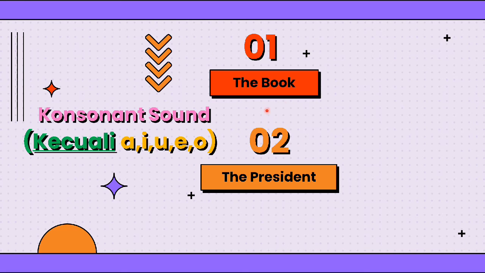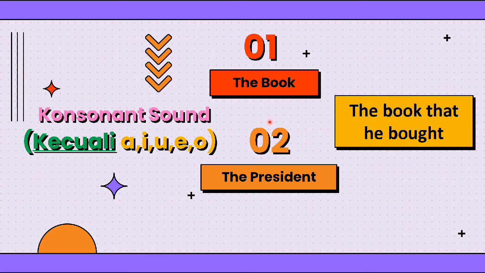For example, the book. The book alone has no specific, clear information. If we use the, we have to clarify which book, so we continue or complete it as the book that he bought. Why?